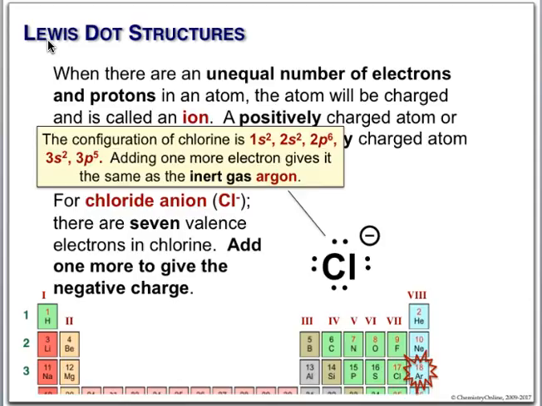We have duplicated the structure of the inert gas. We've added an electron. It is no longer reactive because now it has the same structure as the inert gas argon.